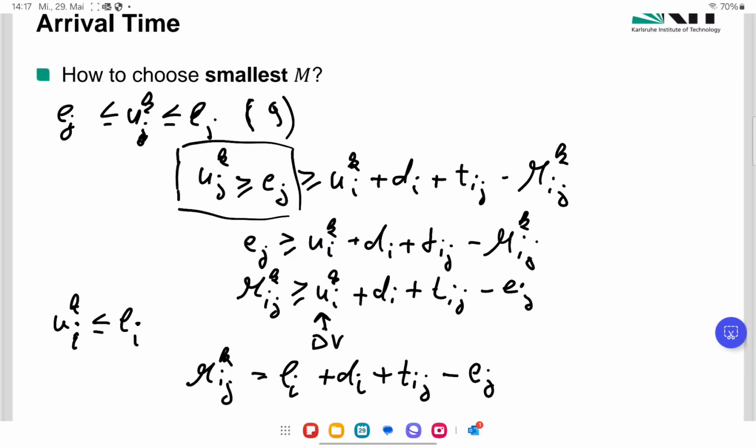We plug this formulation into our constraint group, and then we are sure that our U still stays within this time window.